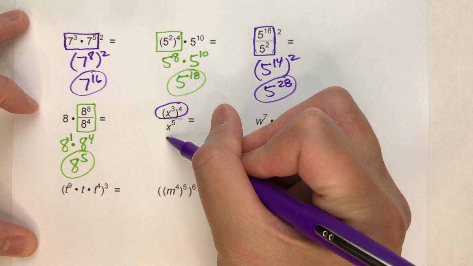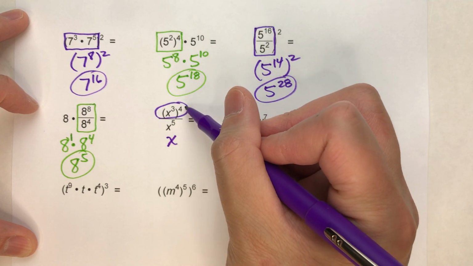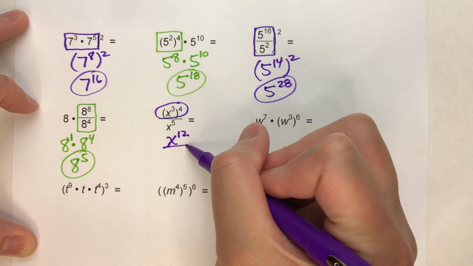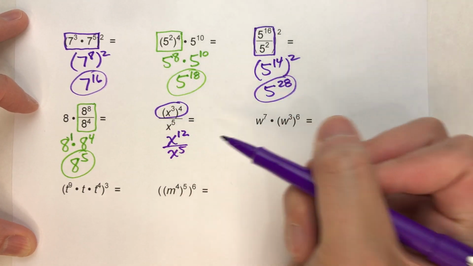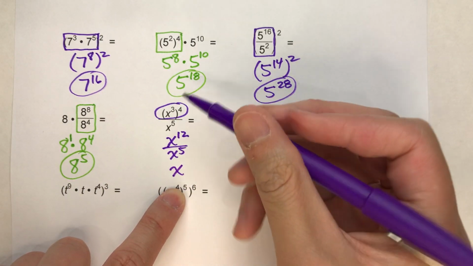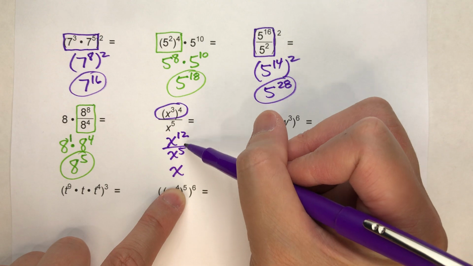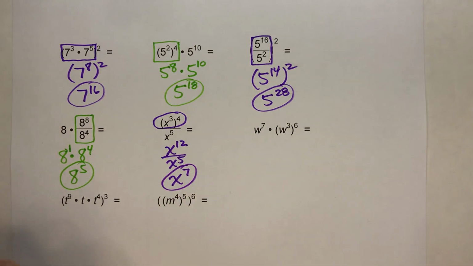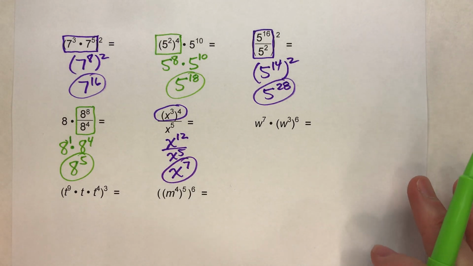So power to a power means we keep the base and multiply the exponents. But remember, we still have to divide that whole thing by x to the 5th. And the rule for dividing is we keep the base and we subtract the exponents. 12 minus 5, 7. So this is going to get me x to the 7th power.